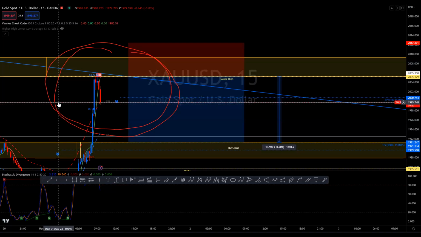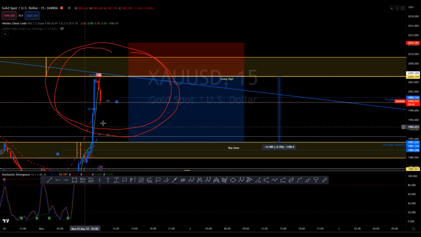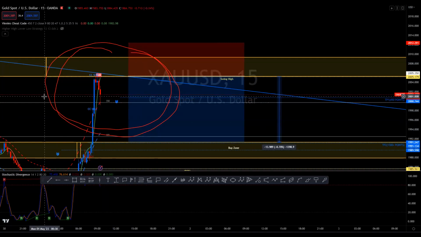Pushing down some more, to make sure of this stop loss.